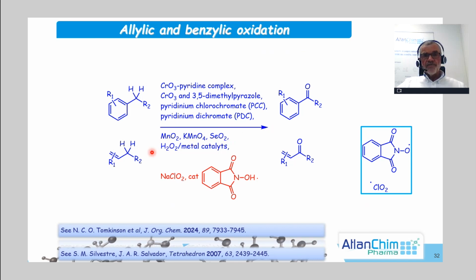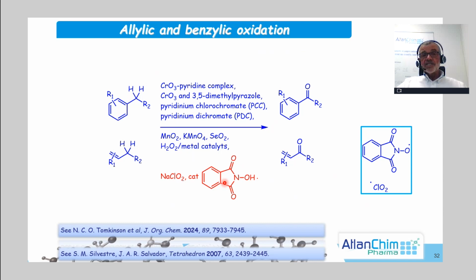A variety of catalytic methods for allylic and benzylic oxidations have been reported using hydrogen peroxide as oxidant. Salvador has described various allylic and benzylic oxidations to the corresponding enone or benzoyl derivatives in good yields using sodium chlorite associated with N-hydroxyphthalimide as a catalyst.